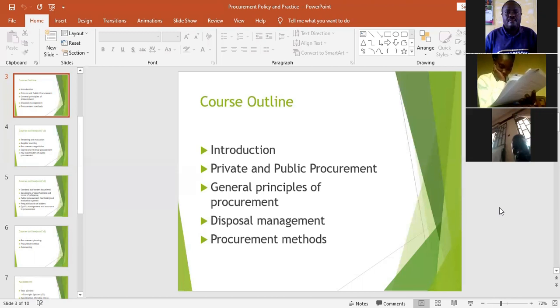Like now, most of you return to your places, and you form a group, and the group turns into a saving and credit cooperative, and it can develop into a micro and small medium-sized enterprise as part of corporate social responsibility.